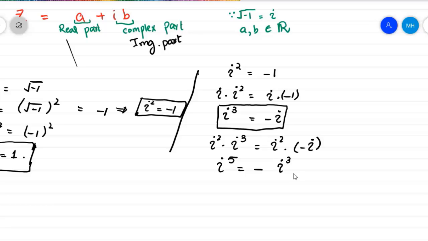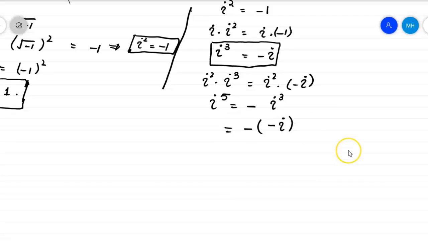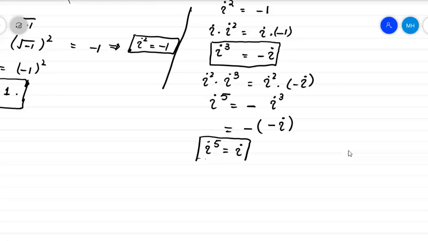You have to simplify the power of iota. So if I write the value of iota cube as minus iota, then minus times minus will give you positive. So we have iota power 5 equal to iota, and so on. Whatever power of iota you have to find out, just use these results.